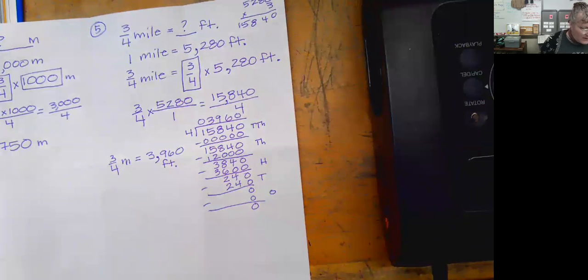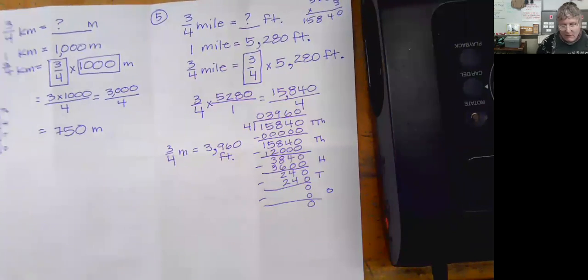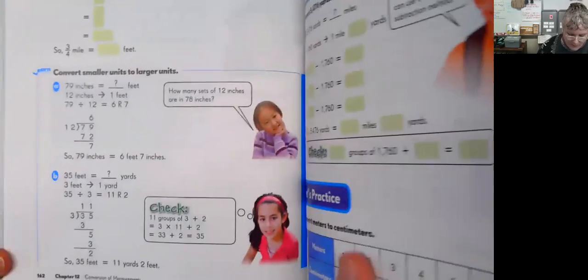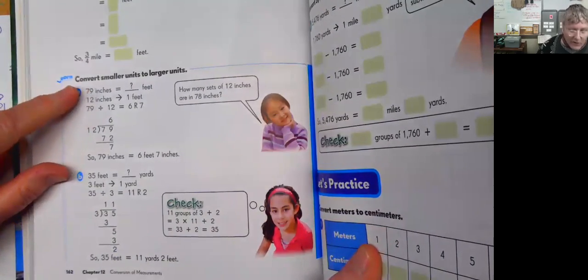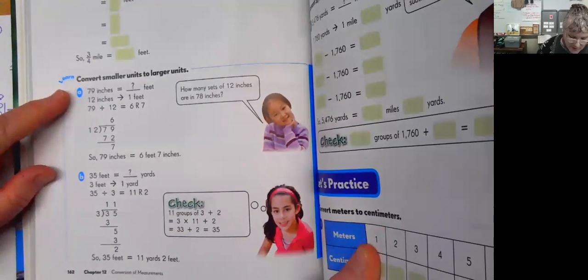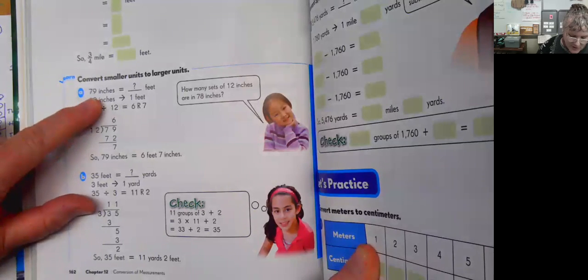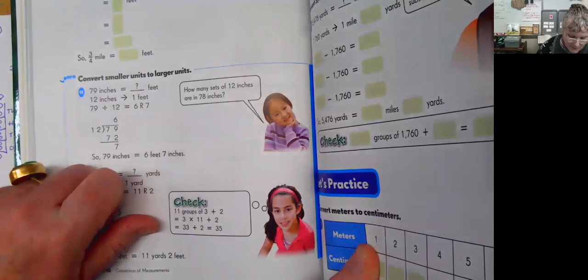So we're setting it up like an equation, right? Now, let's say that we're doing this problem. Let's say that we're converting smaller units to larger units. So let's say I have 79 inches and I'm trying to figure out how many feet.